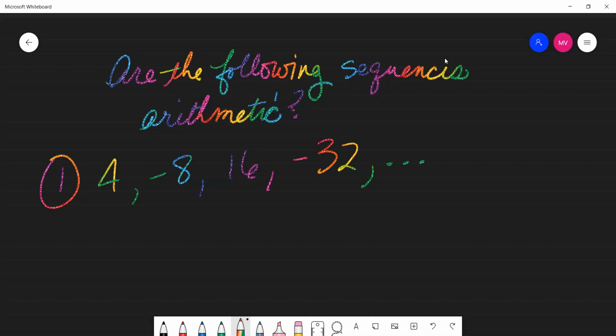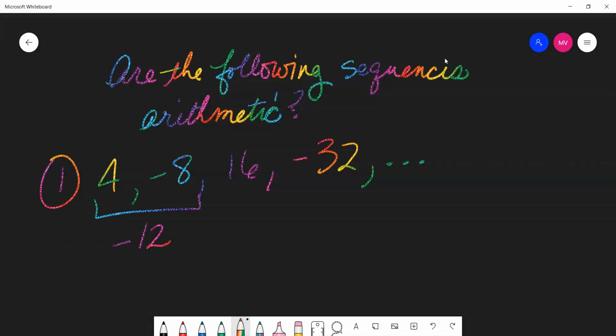It has to have a common difference between each following term. You have to have the same difference between each term as you move through the sequence. So what's the difference between 4 and -8?